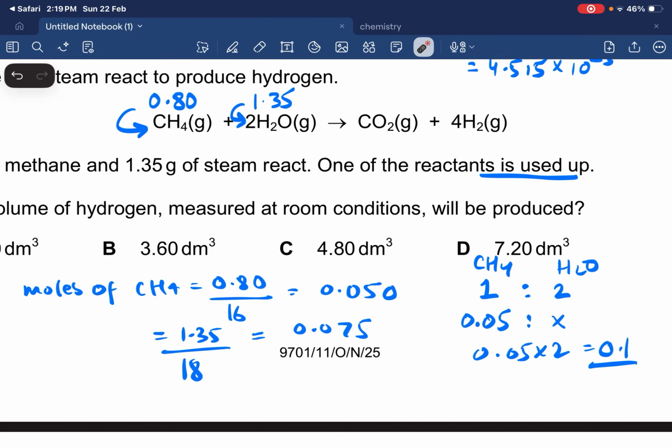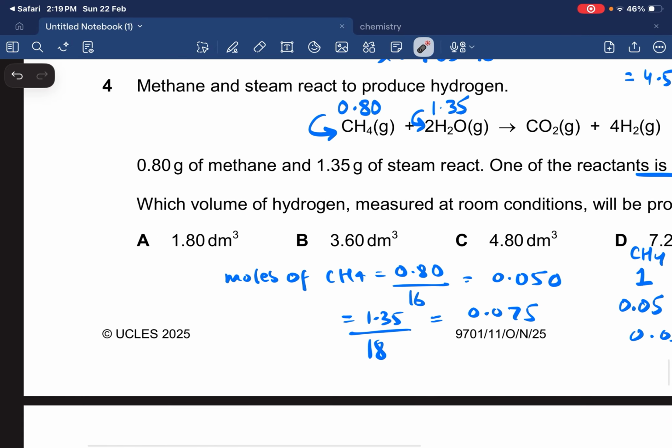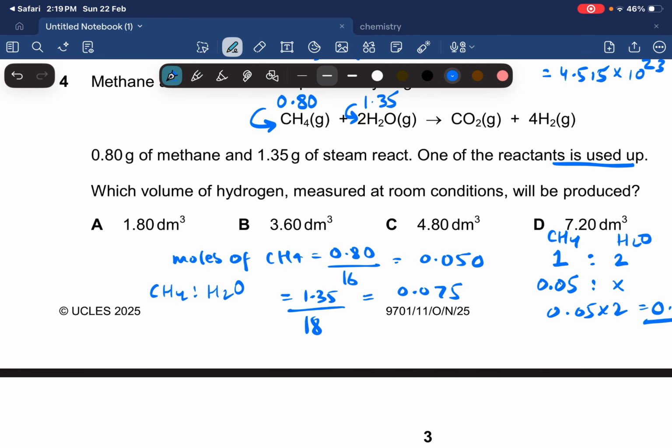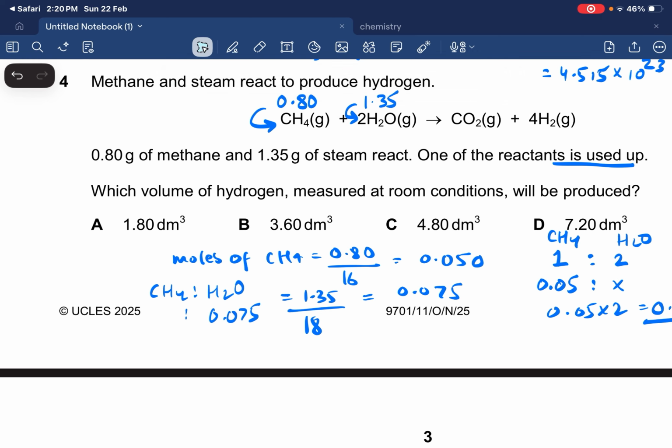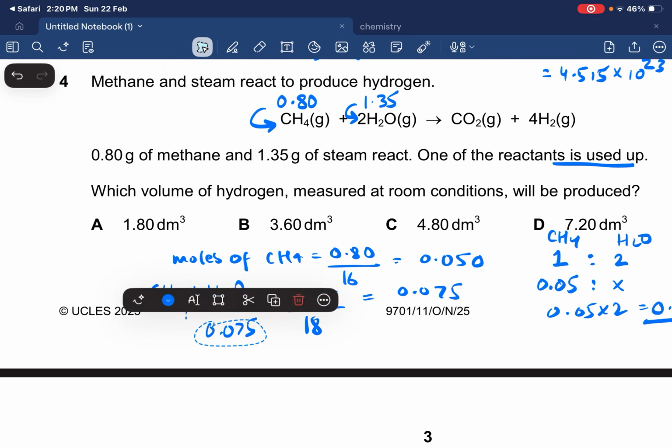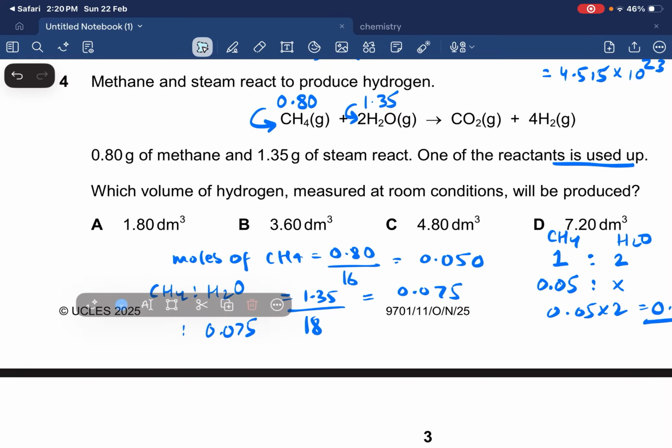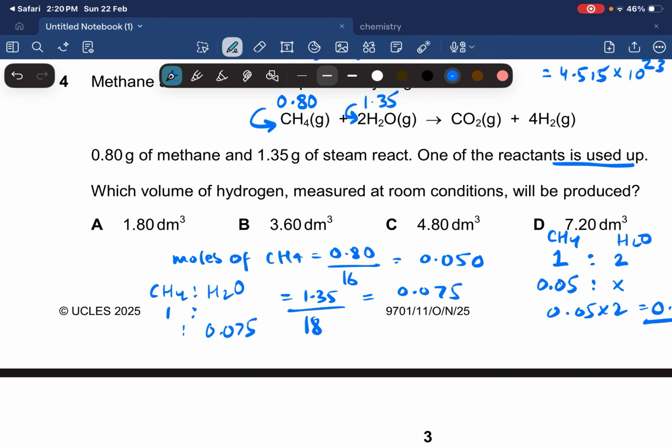Now you can reverse the ratio and see that. You can make this ratio, CH4 ratio H2O. We have 0.075 moles of H2O. How many moles of methane are going to react with 0.075 moles of H2O? If 1 mole of methane reacts with 2 moles of water, X moles of methane are going to react with 0.075.